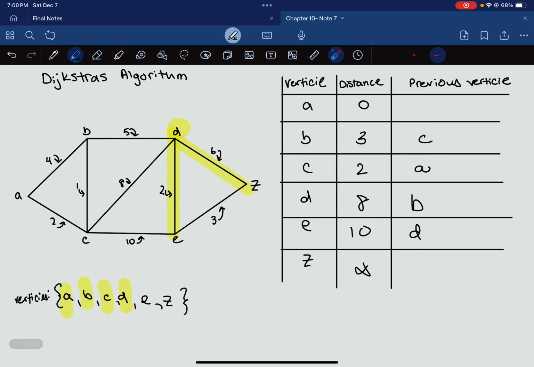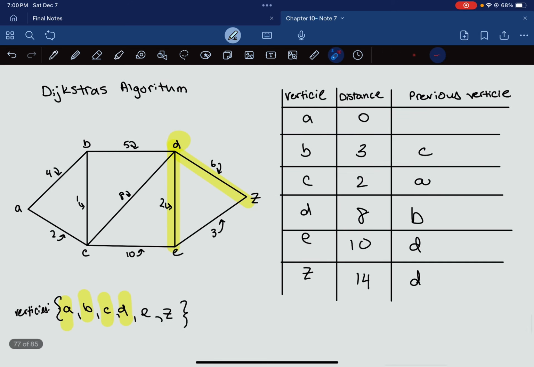It's 14. 14 is smaller than infinity, so we're going to erase this, write 14, and then write D. Now, we have E and Z. Which one of these is shorter? It's E. So E is going to be our new vertice.